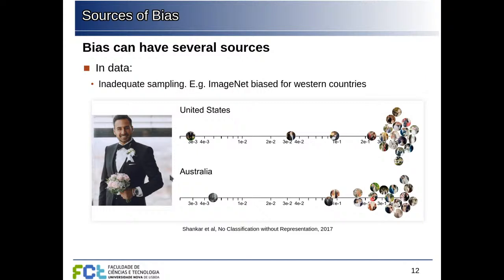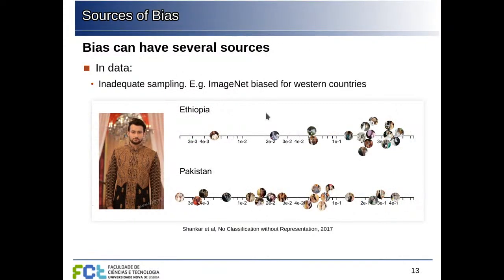But there is one additional bias here that we would not like it to have, which is that the network is only getting examples of one type of bridegroom dressed in one particular way, and not getting enough examples of the ways people dress for weddings in different countries. And so it performs very poorly when we try to identify, for example, Pakistani grooms, and the network cannot recognize this kind of dress.